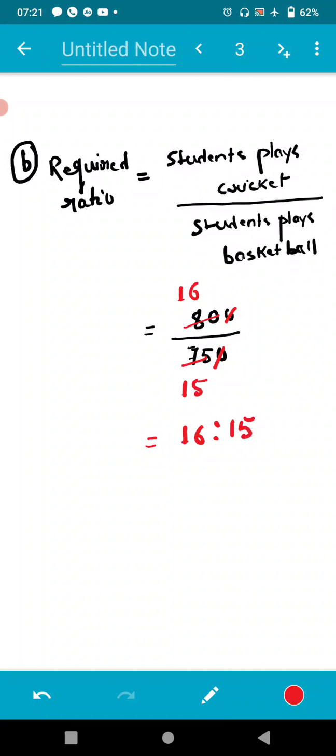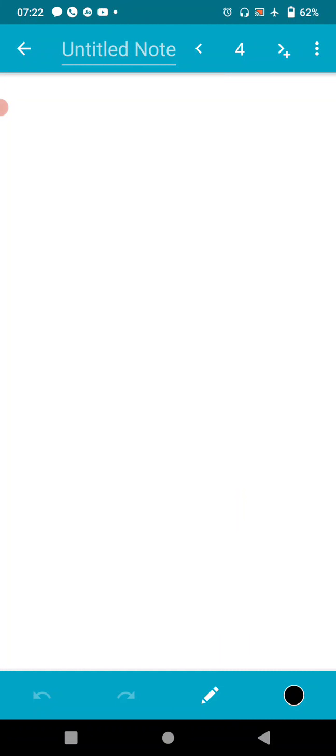Now let's do the last part of question number 11, that is part C. What do we have in part C? We have to find the ratio of the number of students who love to play basketball to the total number of students.